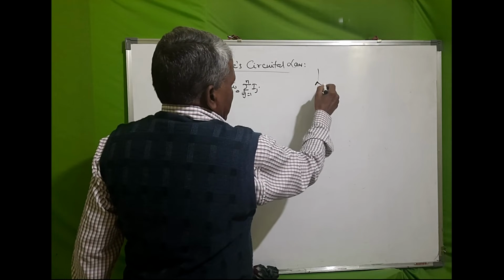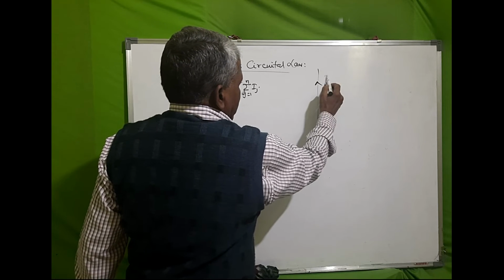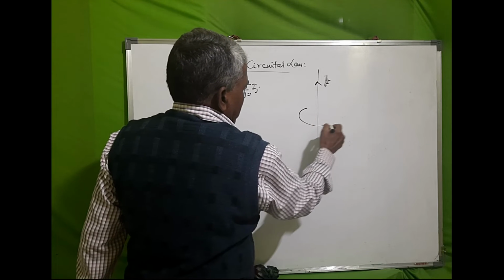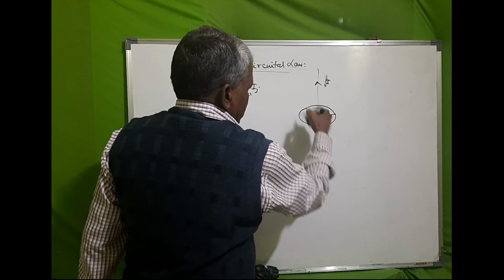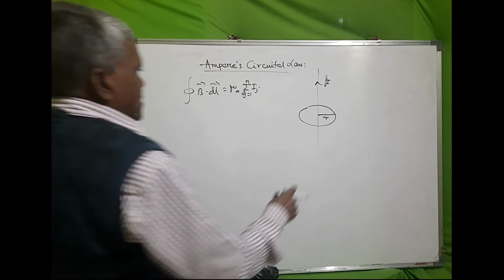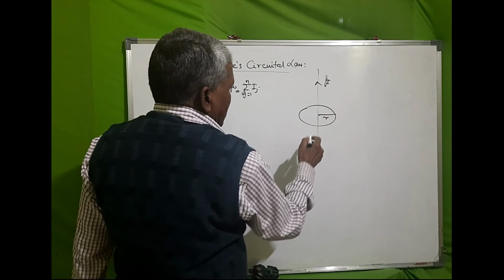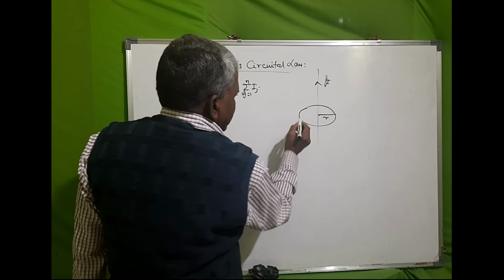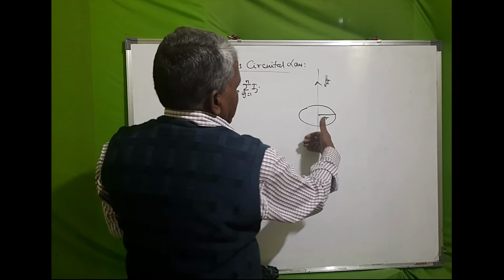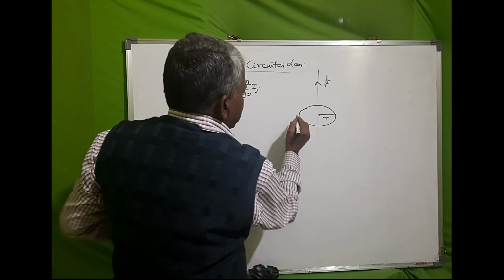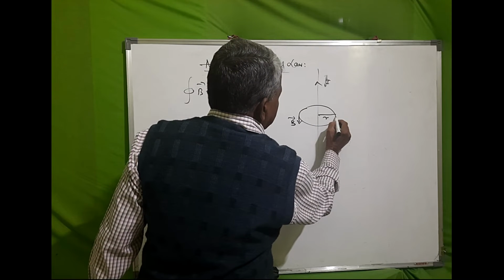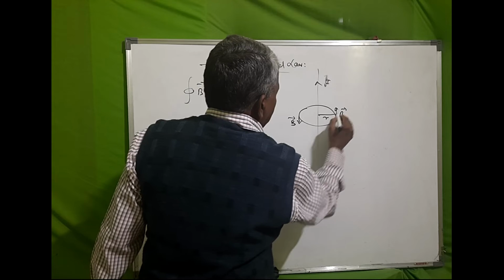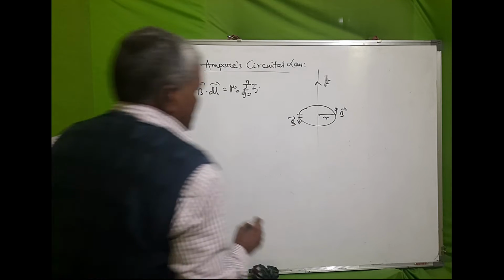Suppose this is the current I. Now imagine a circle of radius r. As the current here is upward, the lines of force will be anti-clockwise at any point for any element.